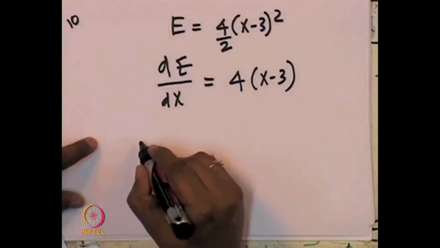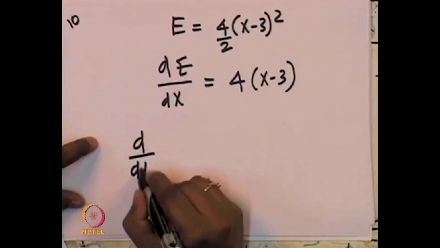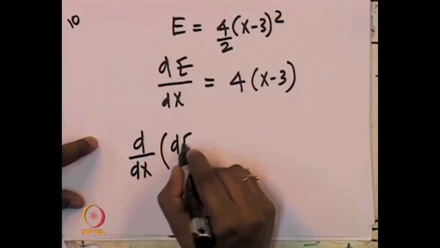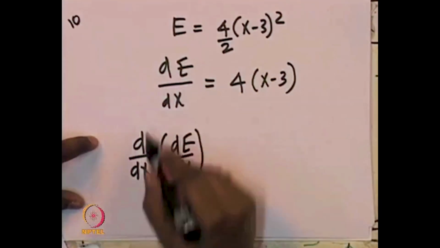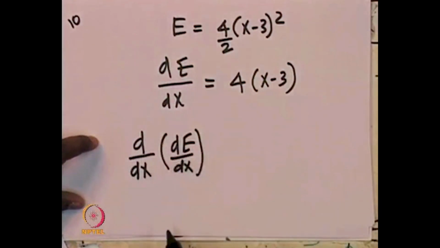What does it mean? The derivative of the derivative. So, dE by dx we already have, and you find one more derivative of this.